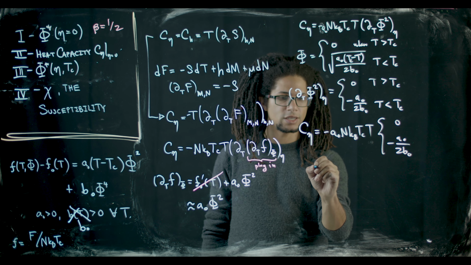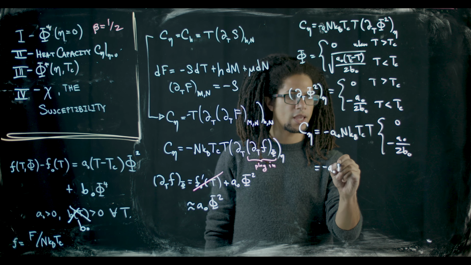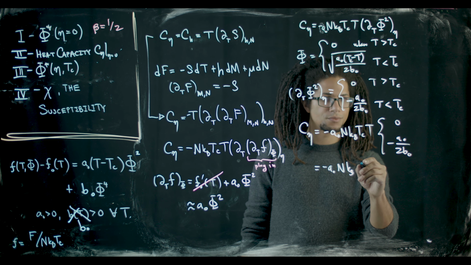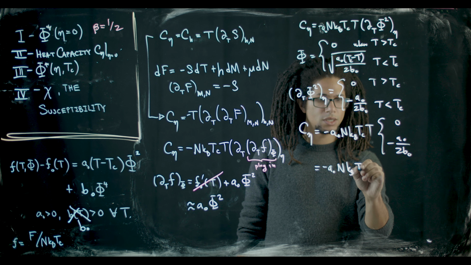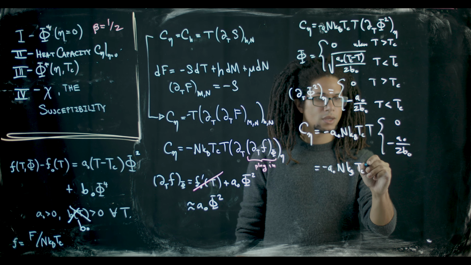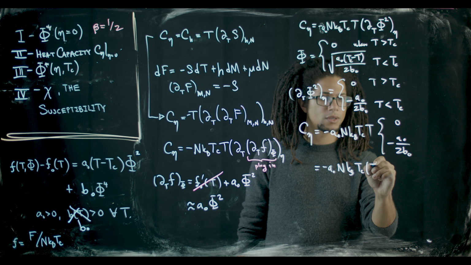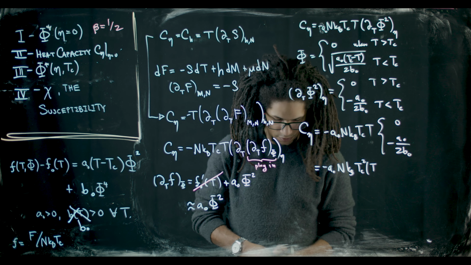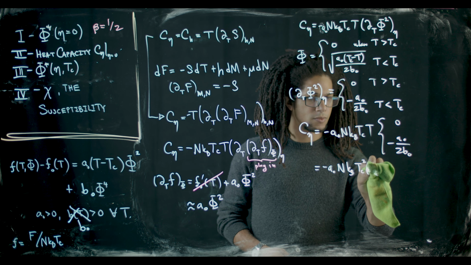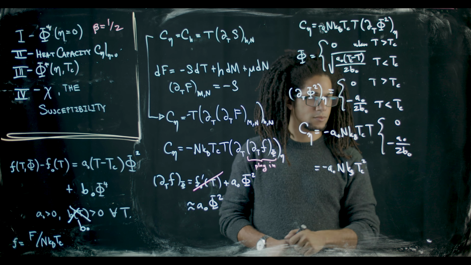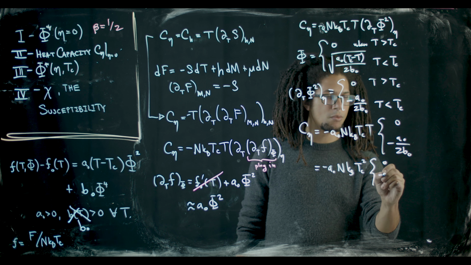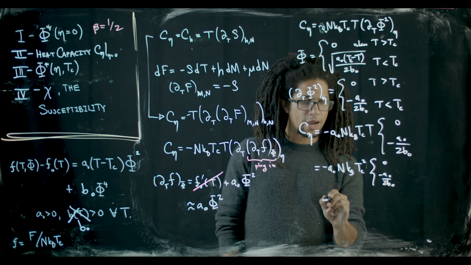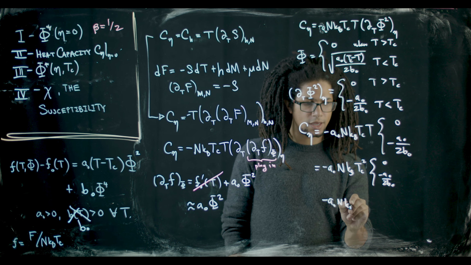So we could say that this is equal to minus a_0 N k_B T_c squared times 0 minus a_0 over 2b_0, minus a_0 N k_B.